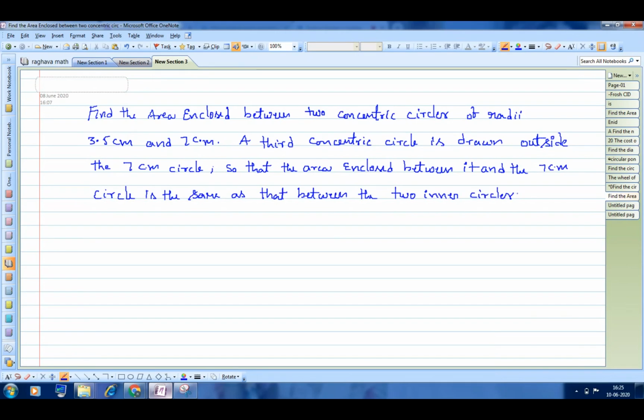Find the radius of the third circle. Read the question smoothly and try to answer.